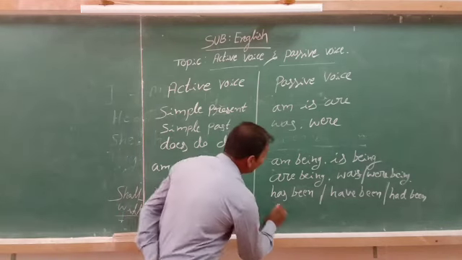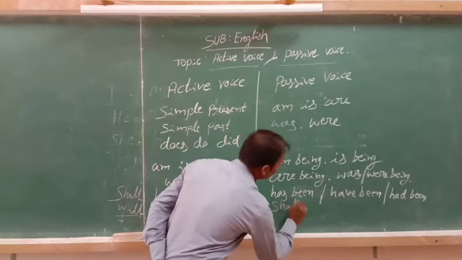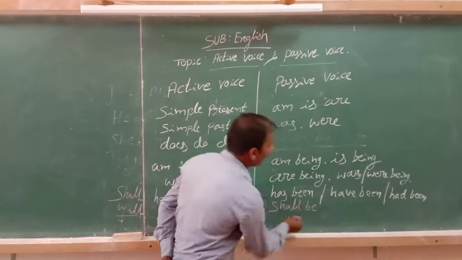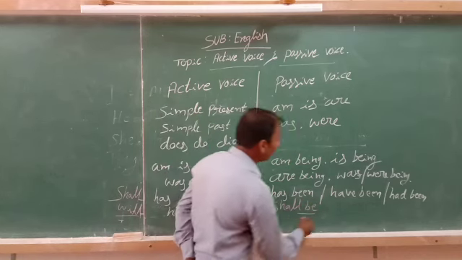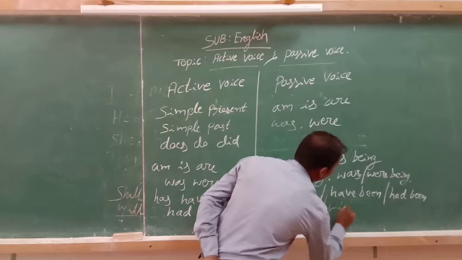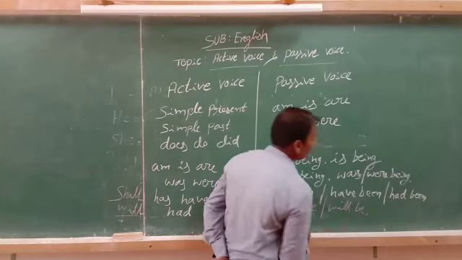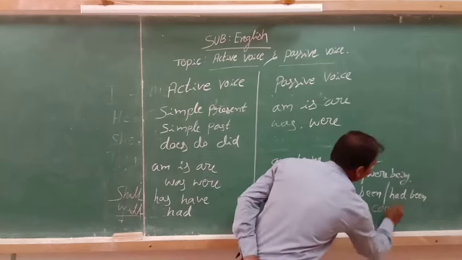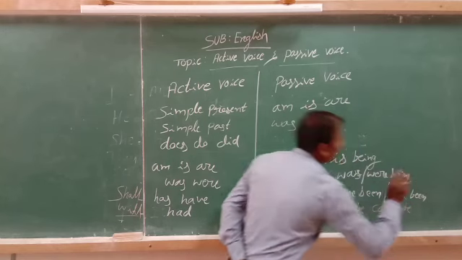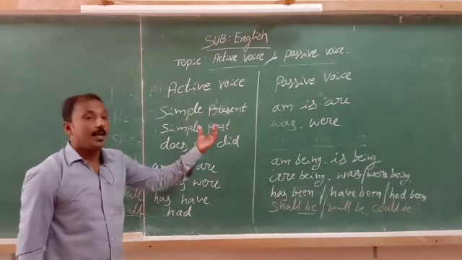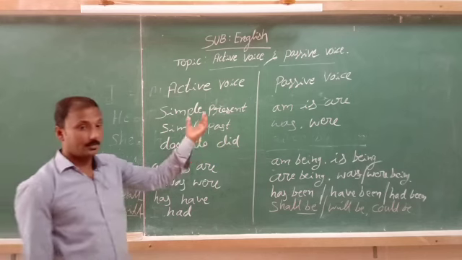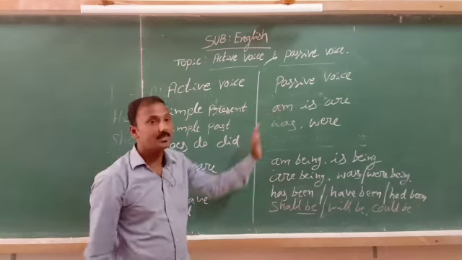So shall changes as shall be; we add only be. Then will be, could be, and so on. So this is an auxiliary verb added before the main verb in the passive sentence.